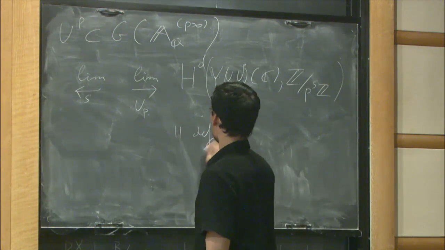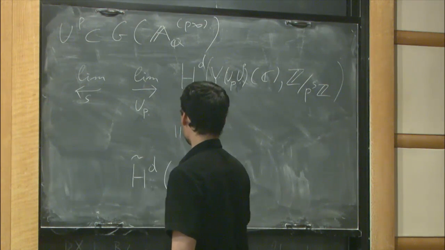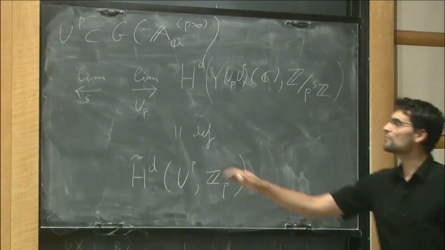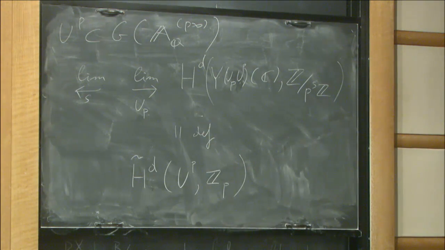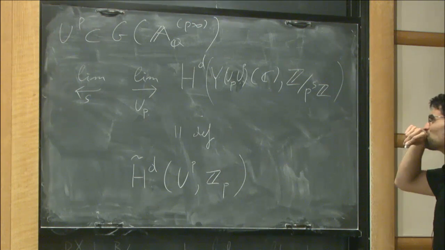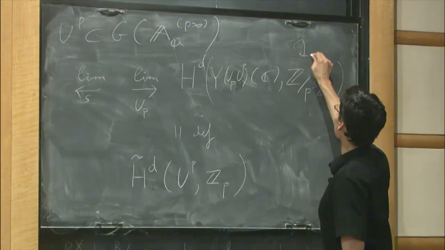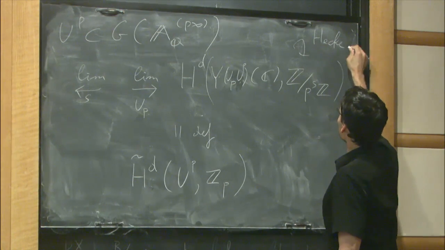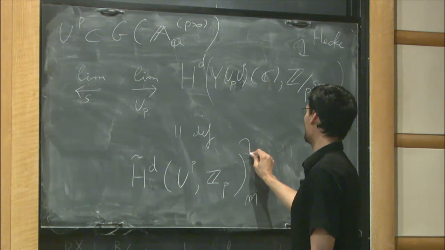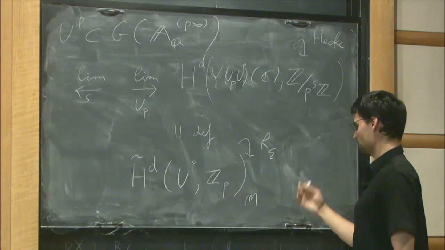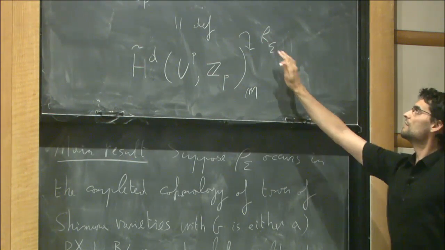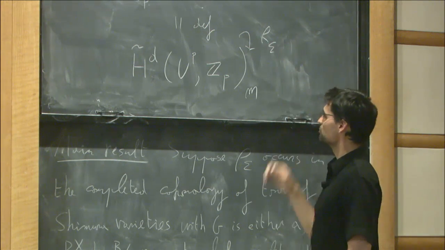By definition, that is the completed cohomology of degree d of tame level U^p and with coefficients Z_p. This direct limit is just a union, taking many cohomology groups. On this cohomology, there is an action of the Hecke algebra. I can localize at some maximal ideal of the Hecke algebra, and then I get an action of a local Hecke algebra. If I choose a suitable Hecke algebra, I can easily make this reduced.